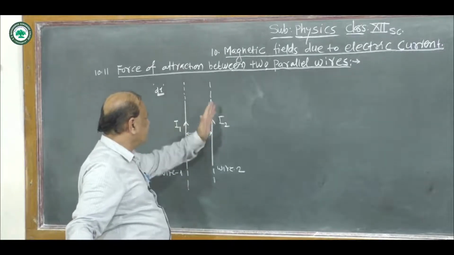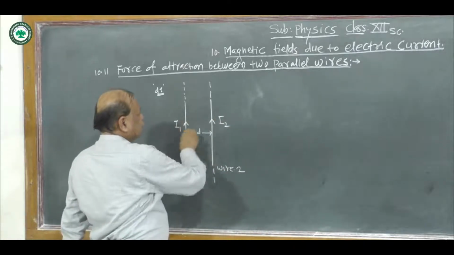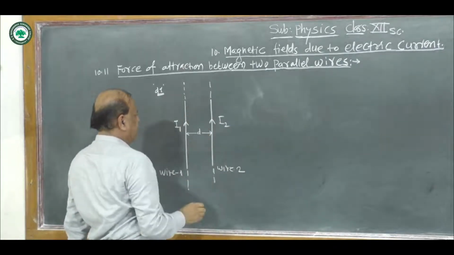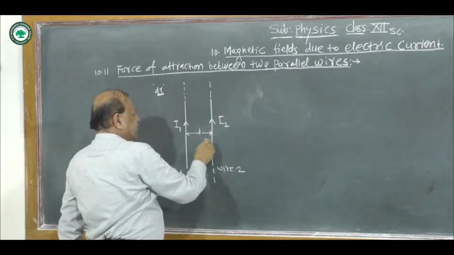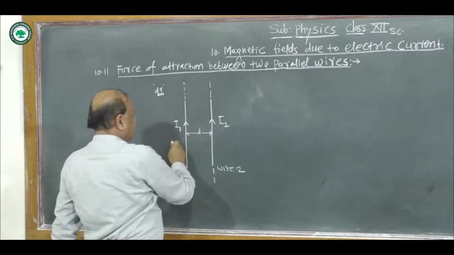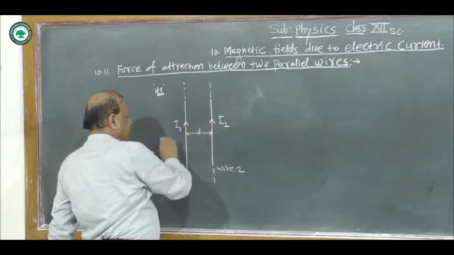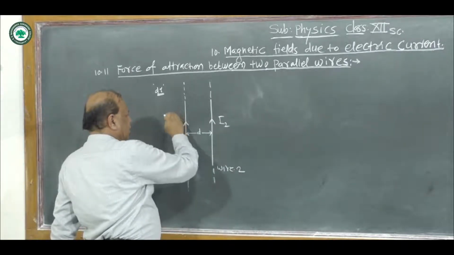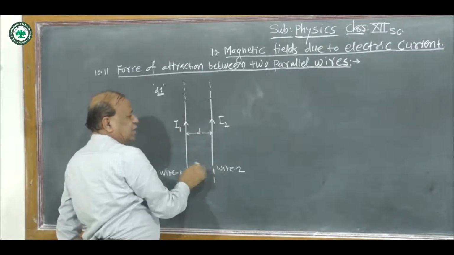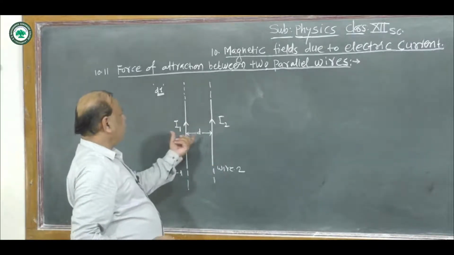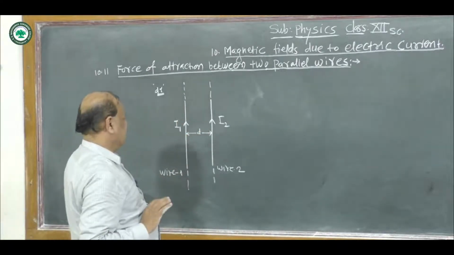Again, current I2 is flowing through wire 2, and a magnetic field is produced around that wire. Now both wires are in the magnetic fields of one another, meaning wire 2 is in the field of wire 1, and wire 1 is in the field of wire 2 here. And the distance between these two wires is small d here.